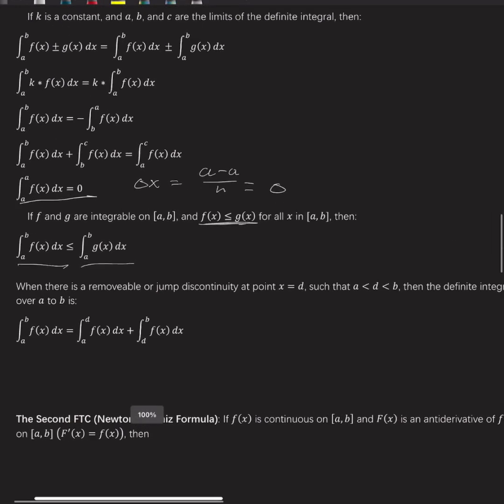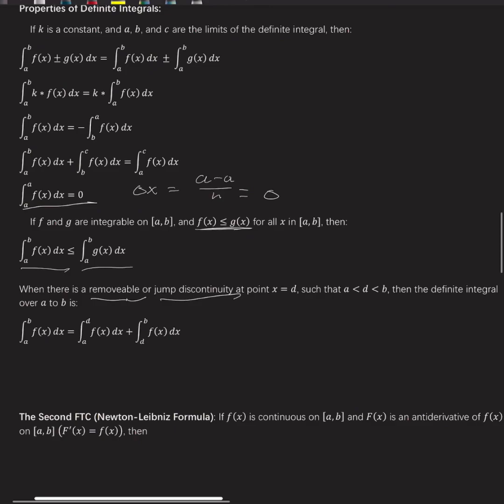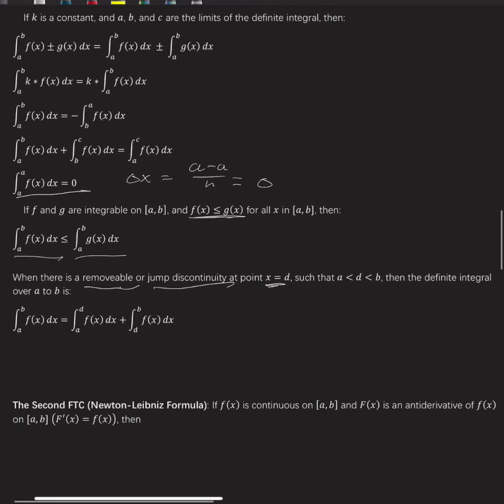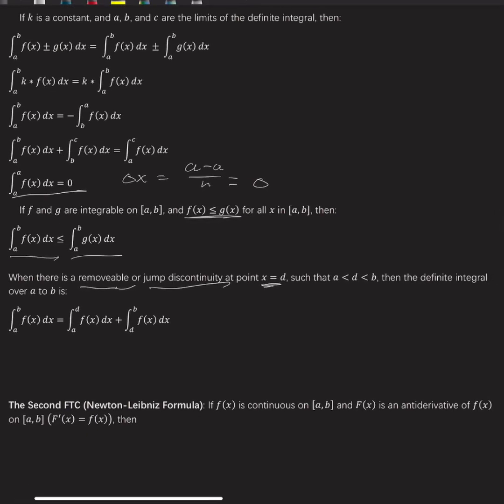And when there's a removable or jump discontinuity at x equal to d, you can still express the definite integral from a to b. You just have to split it into two parts, from a to d plus d to b, where you assume that a is less than d, which is less than b.